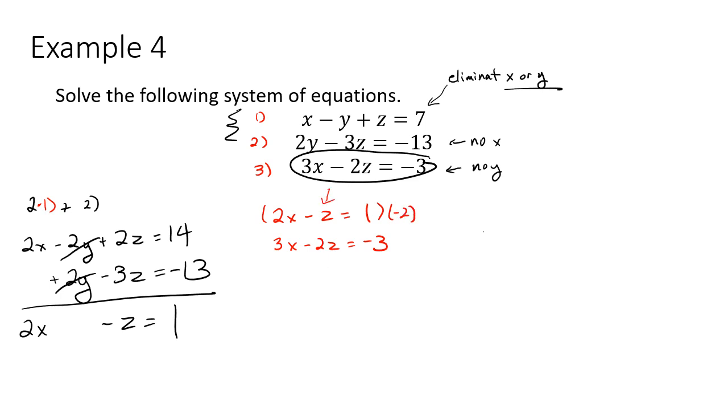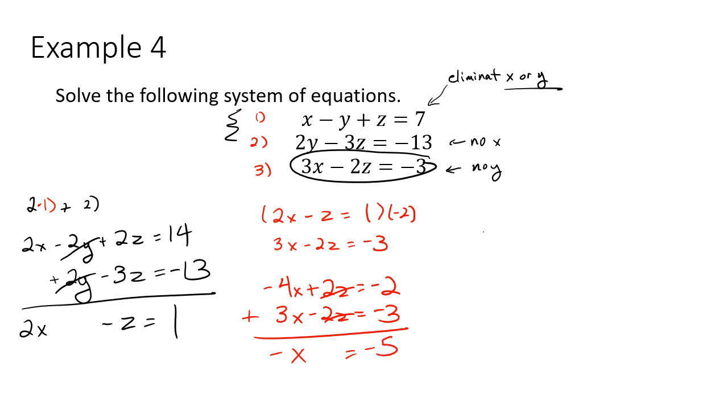I need to turn this into a positive 2. So that's going to give me a minus 4x plus 2z is equal to negative 2. And then I'm going to add that to the bottom equation, which would give me a negative x equals a negative 5, or in other words, x is equal to 5.